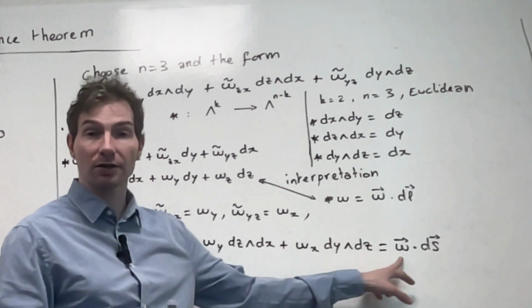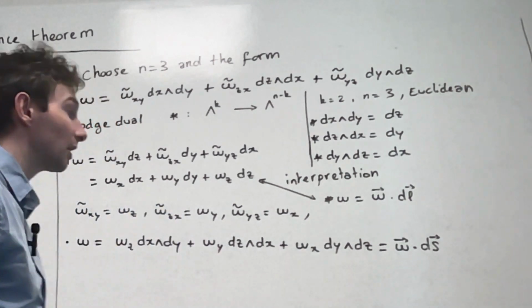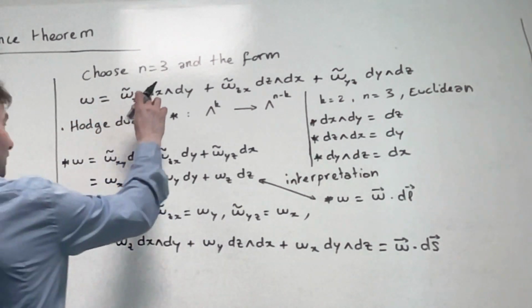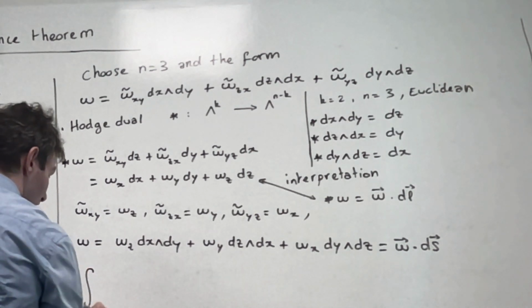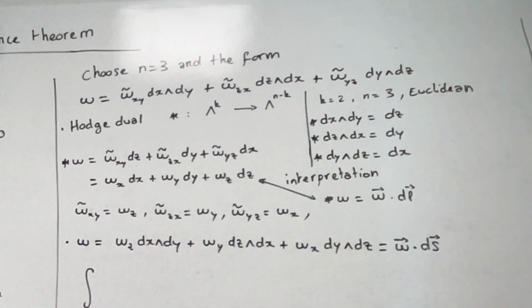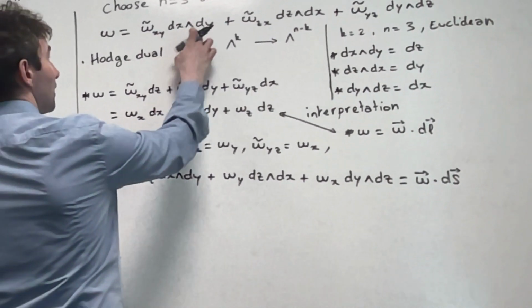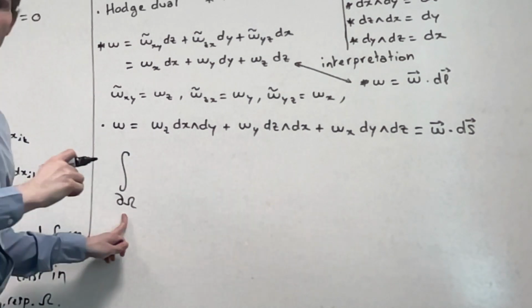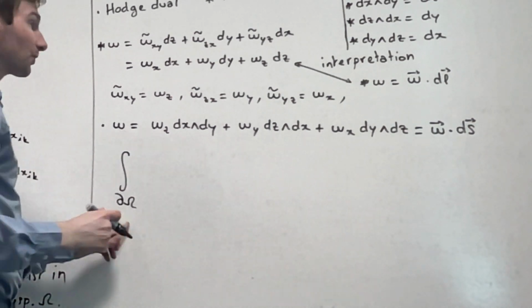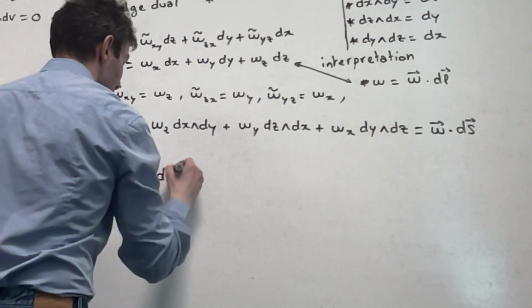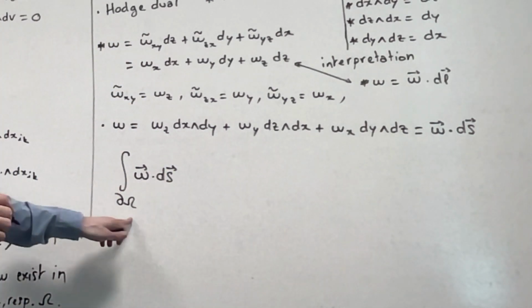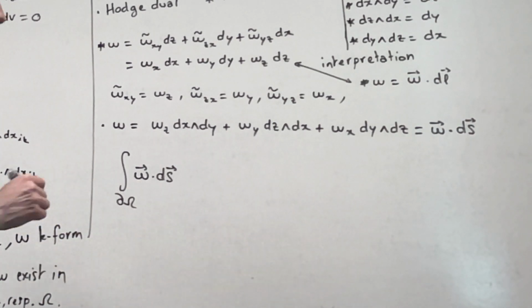So here I've got the flux, and that's what I want to do. The bottom line is that I can write, on any arbitrary domain in R3 that has to be two-dimensional, because I'm using a two-form, that this is omega.ds, the flux of omega across the boundary of omega.